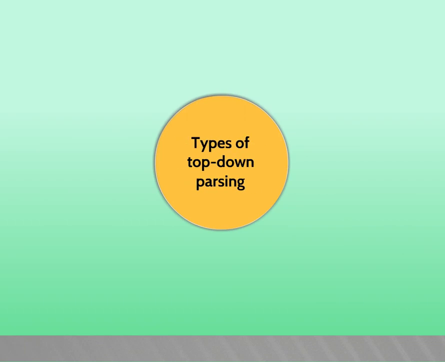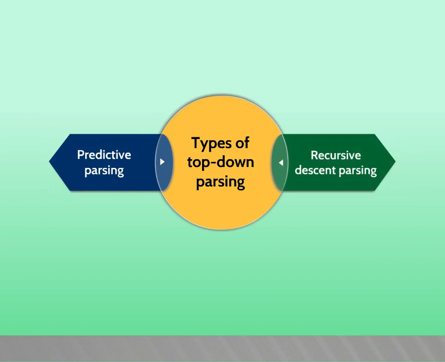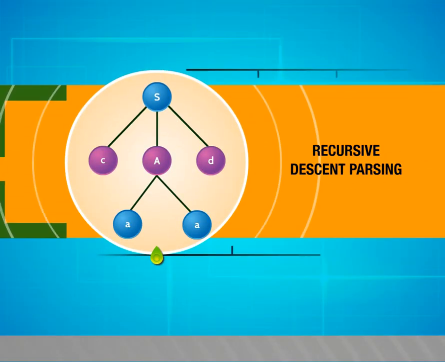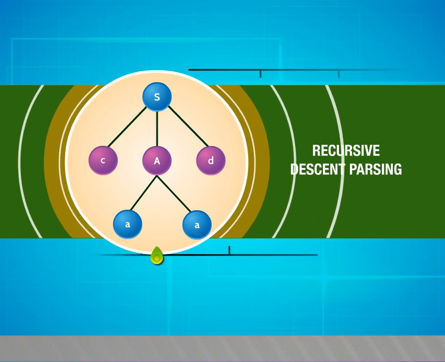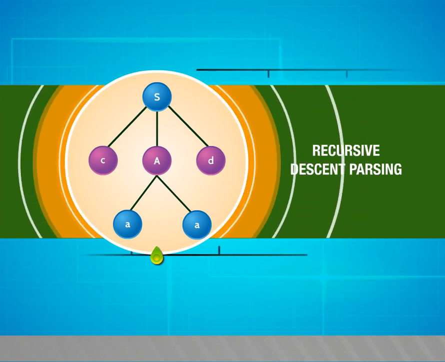Types of top-down parsing. Predictive parsing, recursive descent parsing. Recursive descent parsing. In this video, we are going to see about recursive descent parsing.